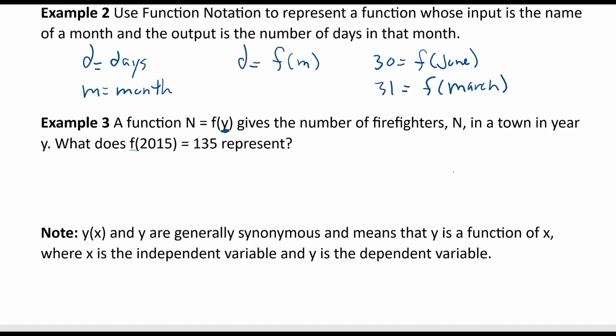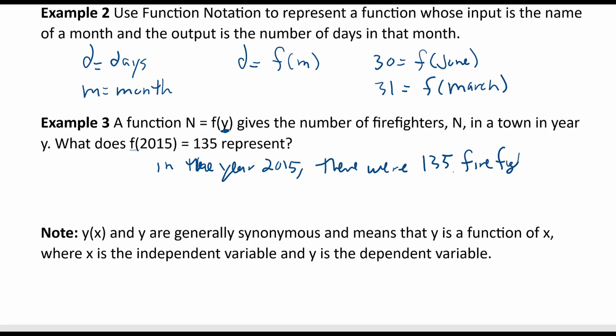A function n equals f of y gives the number of firefighters n in a town in year y. What does f of 2015 equals 135 represent? That means in the year 2015, there were 135 firefighters in the town.